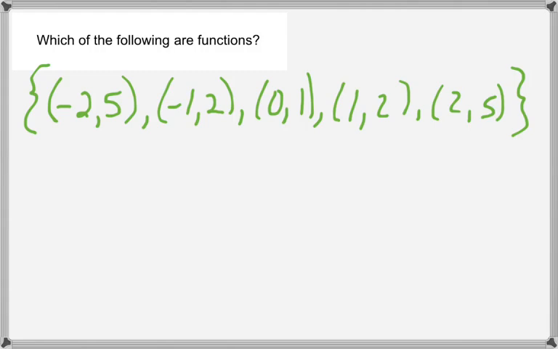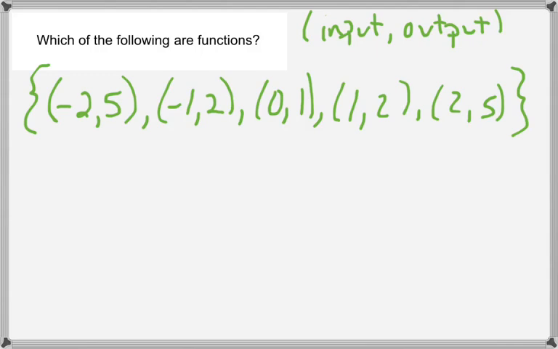So the braces are just determining that we're writing down a set. And when we use a set of points to indicate a relation, we're showing each input paired with its output. So instead of using the arrows, we just write it as an ordered pair, input, comma, output.